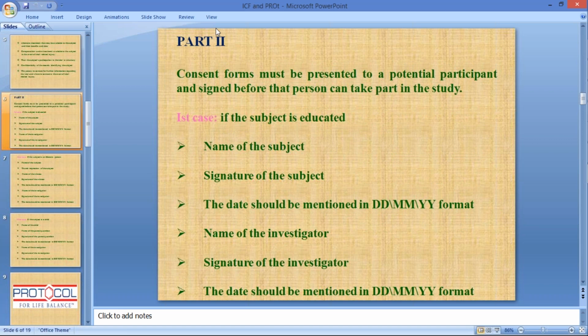So that is part 1. Part 2, consent form. The consent form must be presented to the participant and signed before the subject can take part in the study.